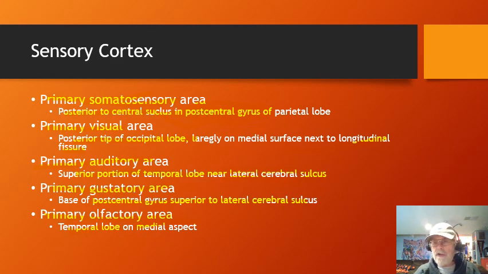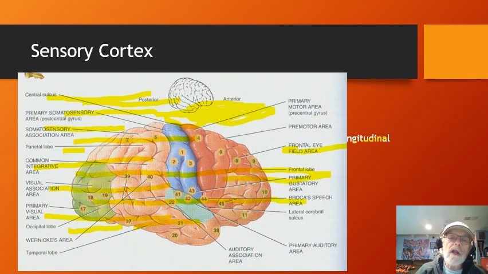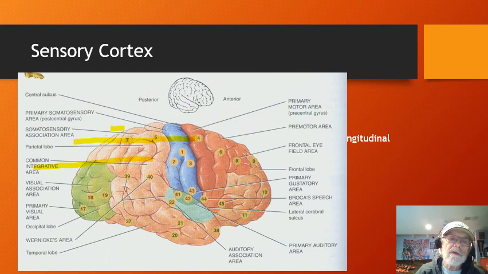I always show you that on another diagram somewhere else, but I didn't put it on here. Let me get rid of these lines so we could actually see what we're talking about. This blue area right here is the area of my primary somatosensory cortex. So it's the postcentral gyrus.